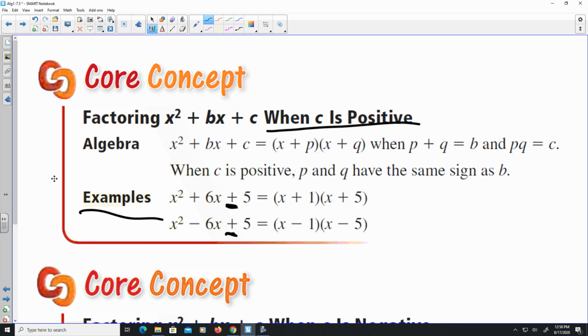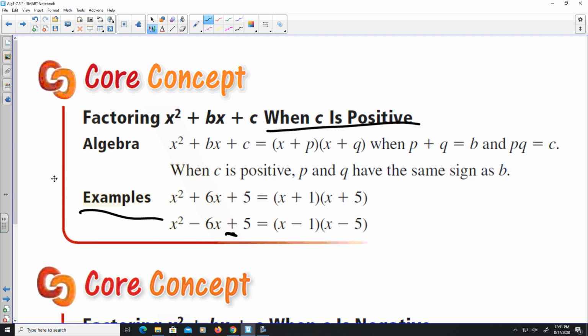Since the second sign was a plus, that means both signs are the same inside your factored binomial. And it's determined by what this value is. The first sign was plus, so that's why these first two signs are plus inside the binomial. If you look at the second example, the first sign is minus. That's why these two are minus inside that second factored binomial.